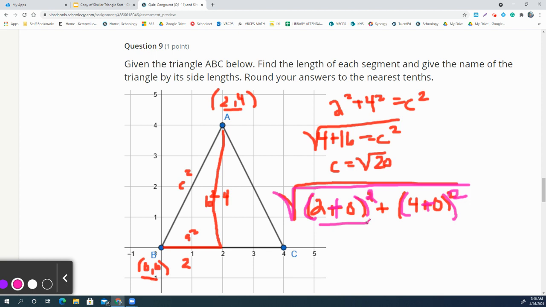If you do this, you end up still with 4 and 16, and then the square root is still the square root of 20. So this side is the square root of 20, again, whatever that decimal is. This side is also the square root of 20. Okay, and it says round to the nearest tenth. So what is it rounded to the nearest tenth?